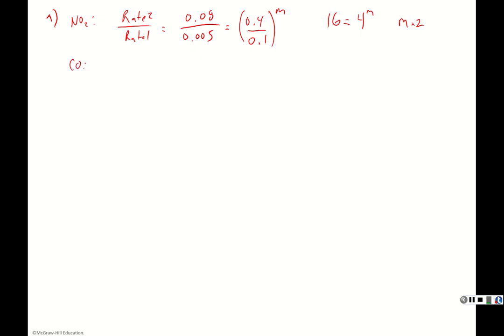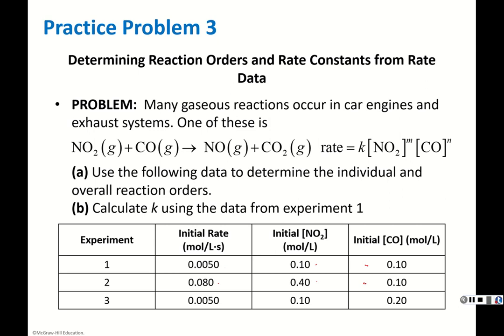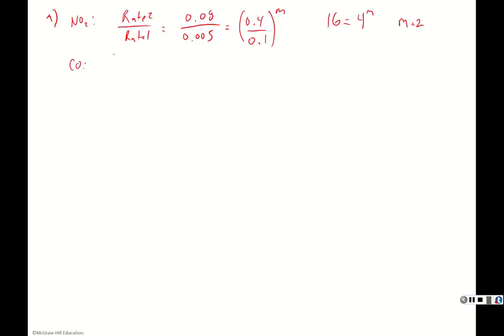We can do the same thing for carbon monoxide. Okay, now we're comparing experiment 1 and 3. We're holding NO2 constant, and we're doubling carbon monoxide, but when we double that, we're getting the same rate. So you might guess this is a case where we have a zero order, but let's just plug everything in.